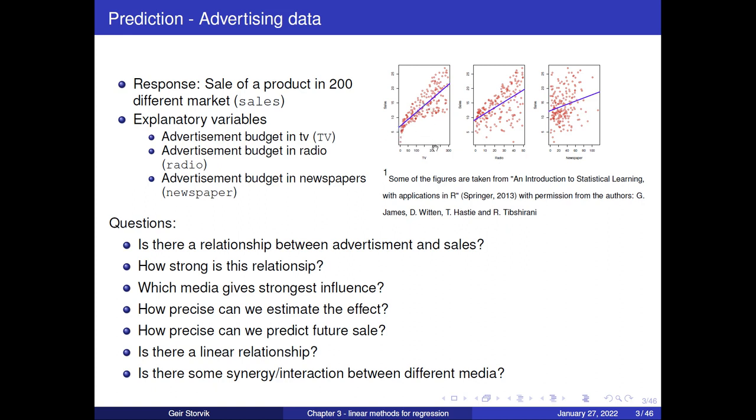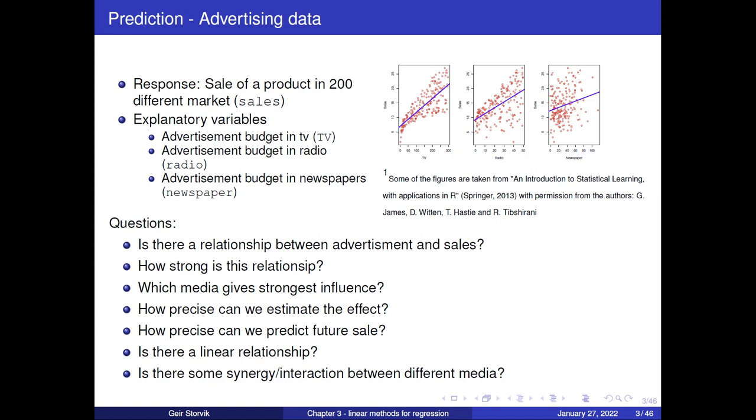It looks like the relationship between TV and sales is stronger than between newspapers and sales. But if you look at all three axes combined, how strong is the relationship then? It could be interesting if we have a limited budget, we might want to optimize how we use that money on advertising.